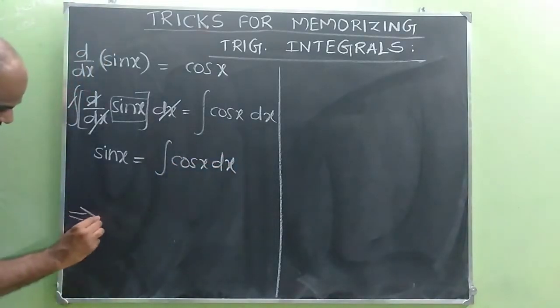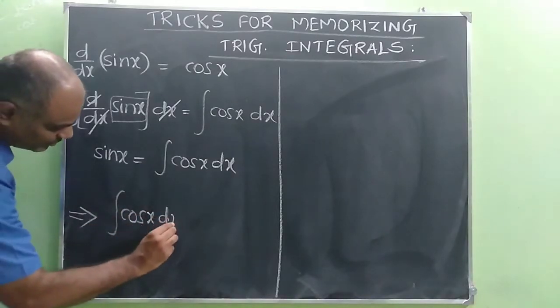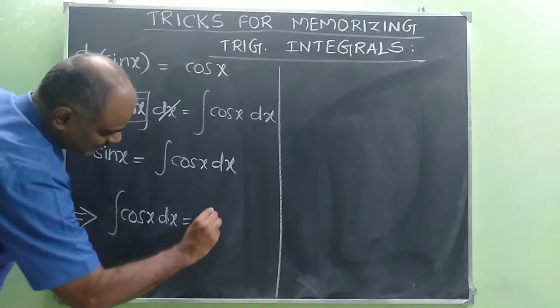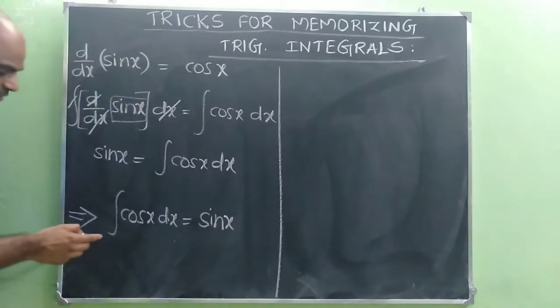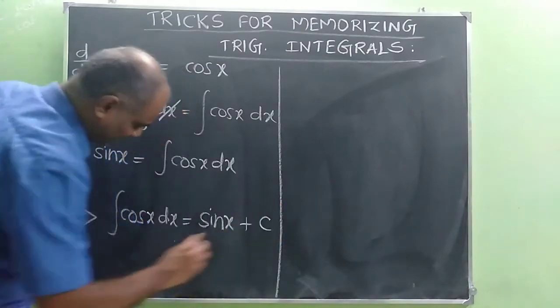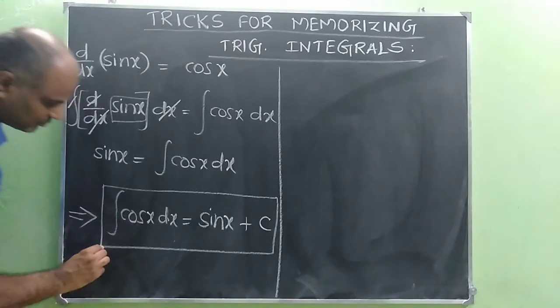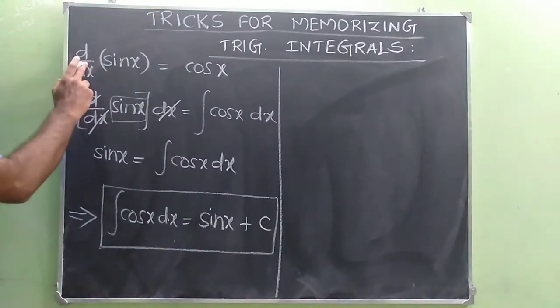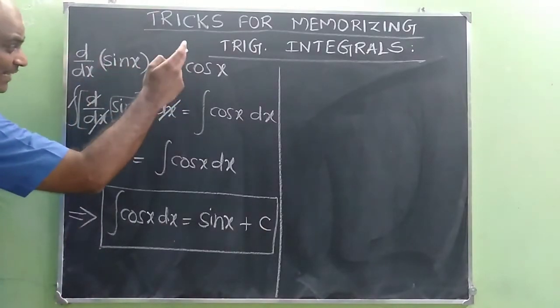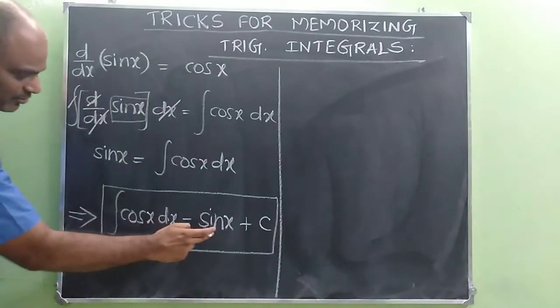This implies integration of cos x dx equals sin x. This is an indefinite integral, so we add one constant c. See here: differentiation of sin x equals cos x, integration of cos x equals sin x.